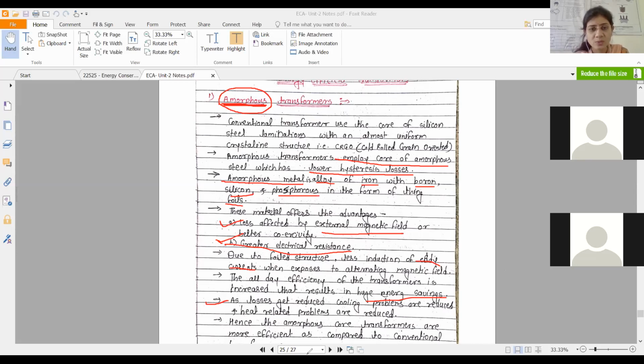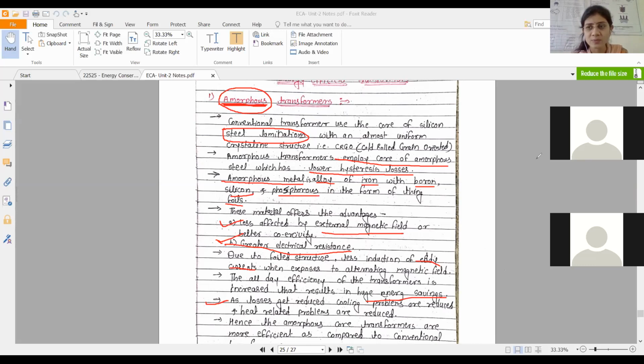Okay. So here we can say that because of these above properties, as compared to the traditional or conventional transformer, or as compared to the silicon steel lamination, amorphous core जर आपण use केली so that can be considered as energy efficient.